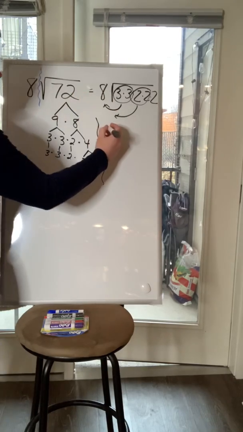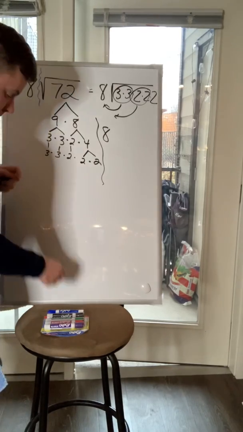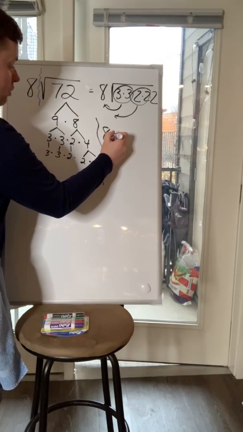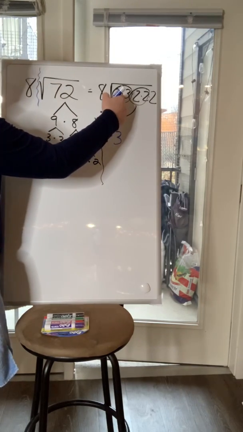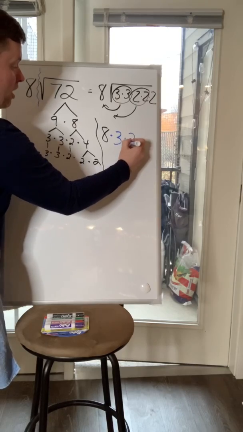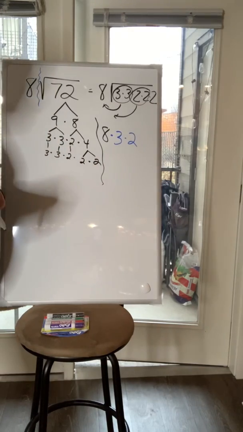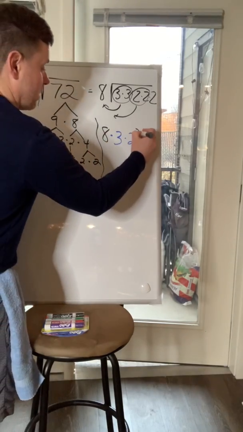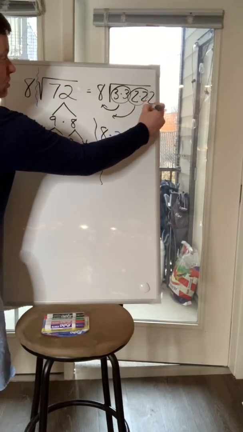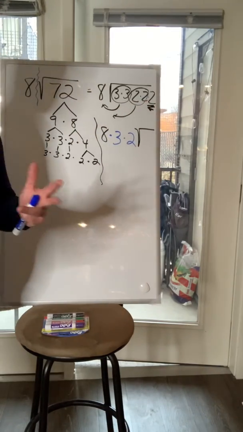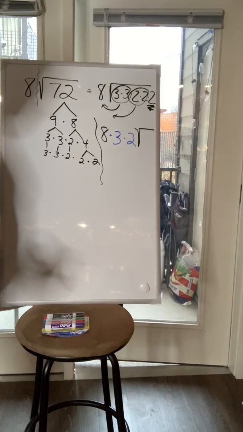So we have the 8 that was outside already, and then we have the 3 that we bring out from the pair of 3s, and a 2 that we bring out from the pair of 2s. And then what's left underneath the square root is this 2 here that didn't have any pairs with it, right?